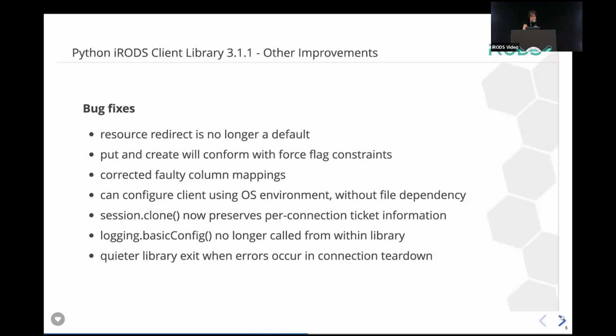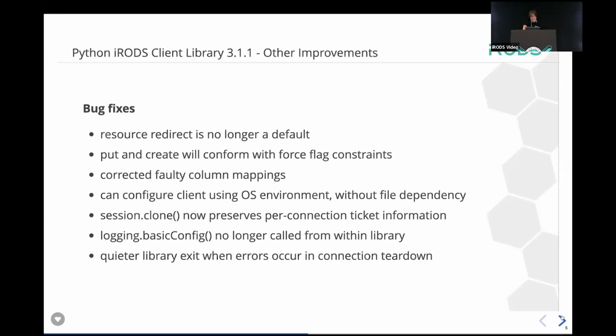Bug fixes include resource redirect, which was found to be sometimes more of a problem than it was worth, and it was at one point enabled by default. It no longer is. The problem was that it doesn't sometimes deal well with host names as reported by the server connection. Put and create, you can now opt into a behavior where it will respect force flags and force options.